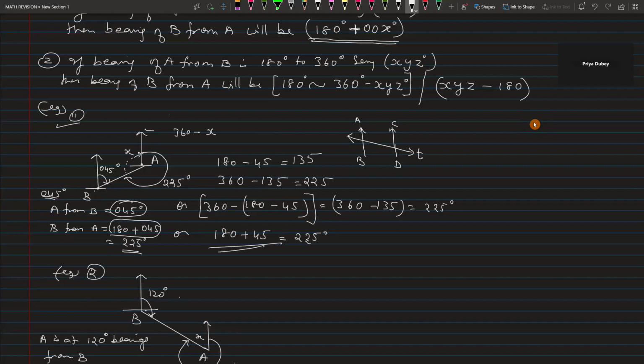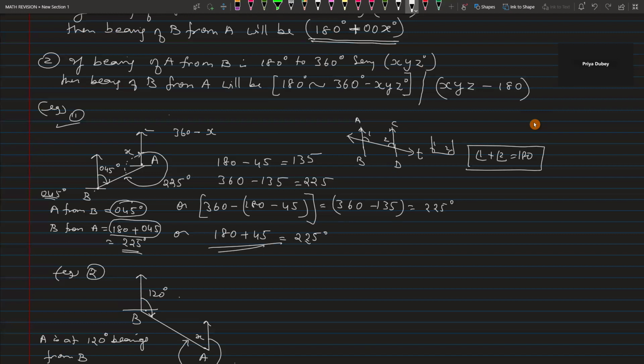Then the sum of these two angles, 1 and 2, known as co-interior angles, is always equal to 180. There is a simple geometrical theorem which you must have studied in your lower classes. So the sum of the co-interior angles is always 180.